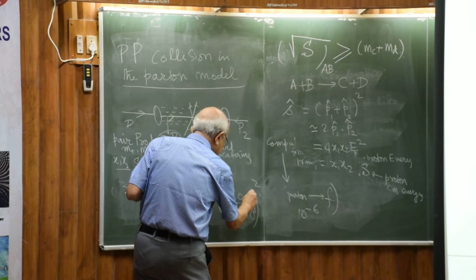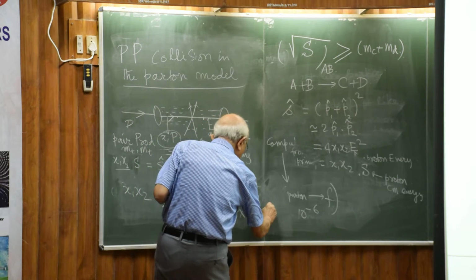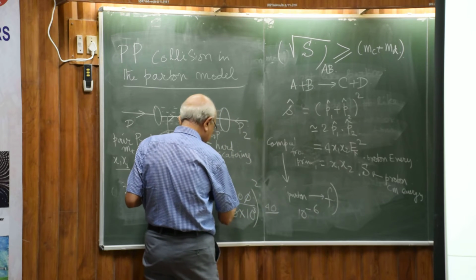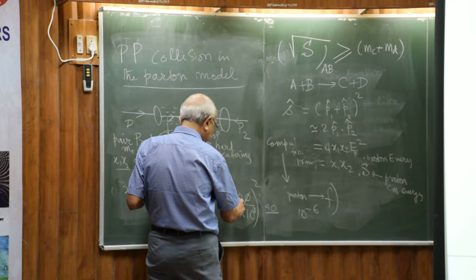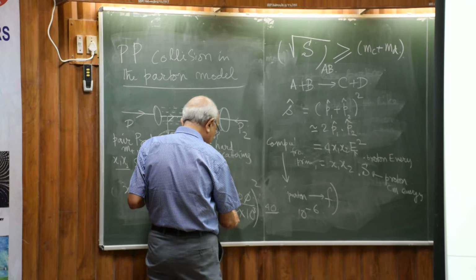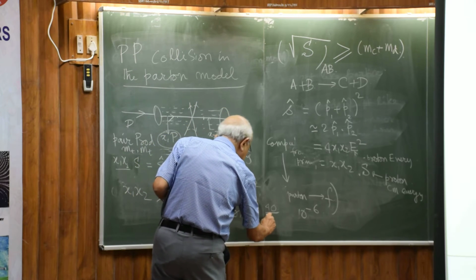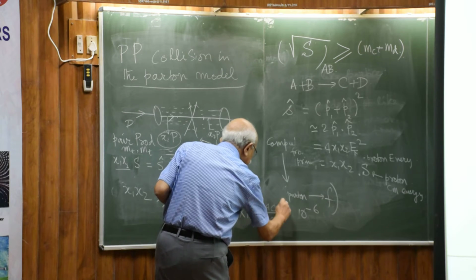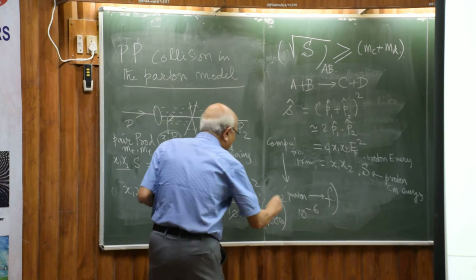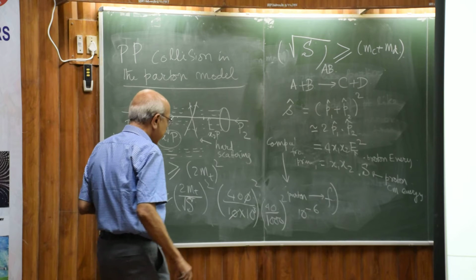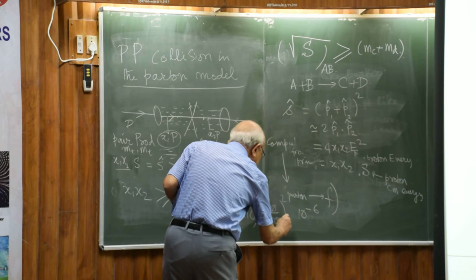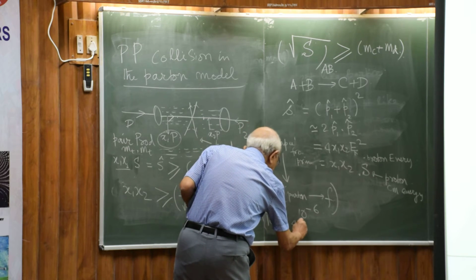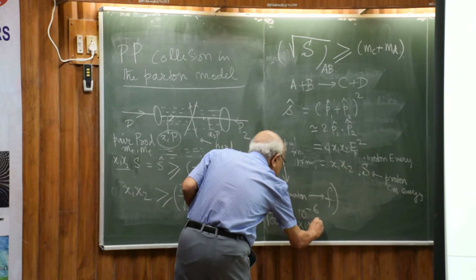You get 400 by 10,000, whole square, and clearly this is something like 4 times 10 to the minus 4.